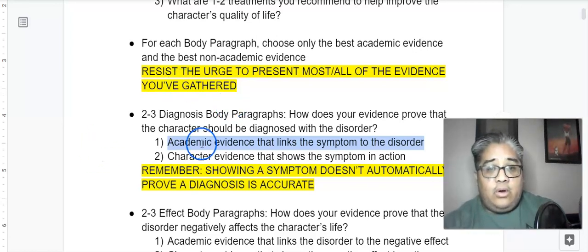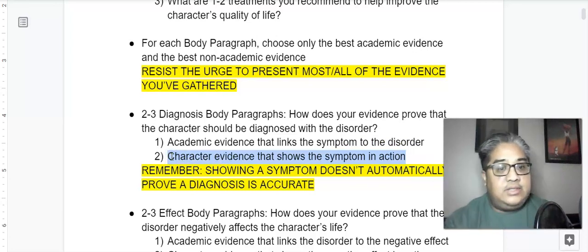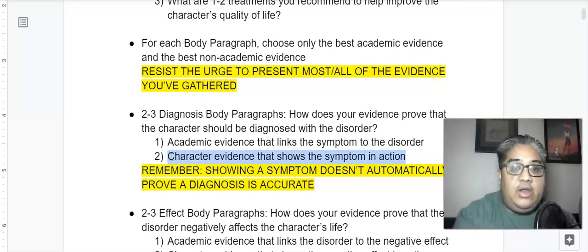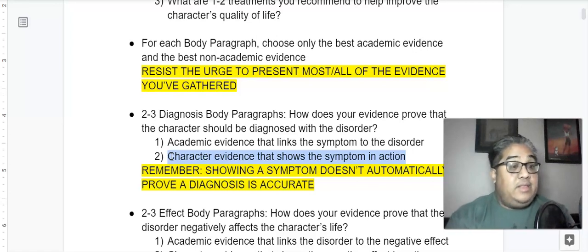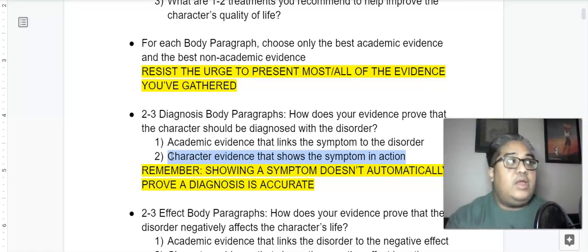And then for the character evidence in your diagnosis body paragraphs, you're going to want to choose evidence that really shows the symptom in action, really shows the character displaying the symptom in terms of their behavior, in terms of their actions and reactions to things, right?